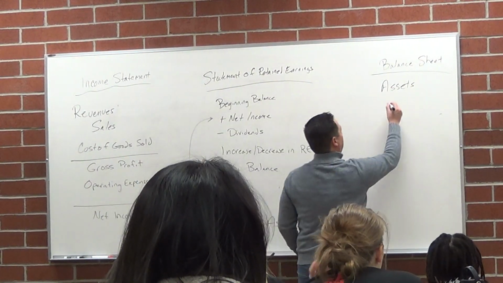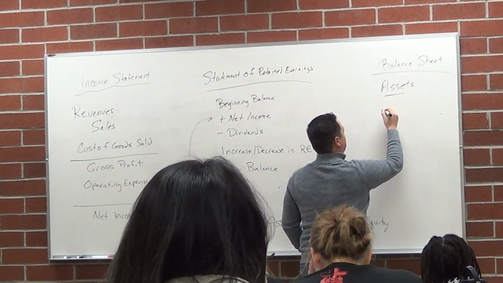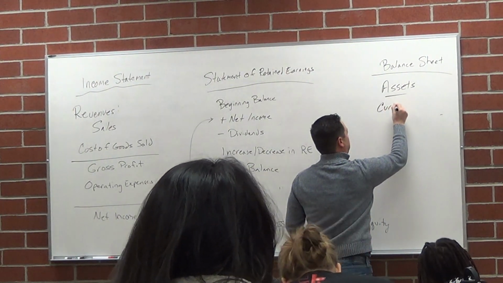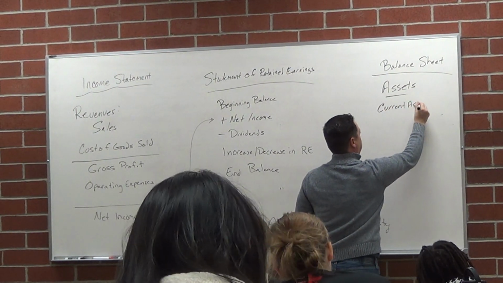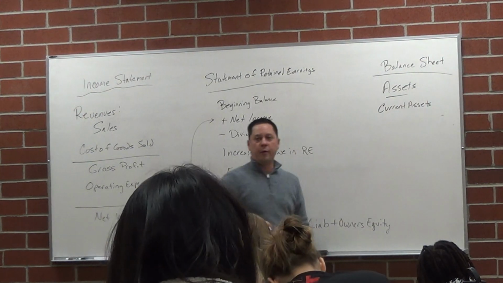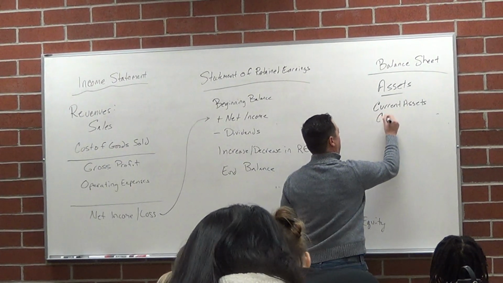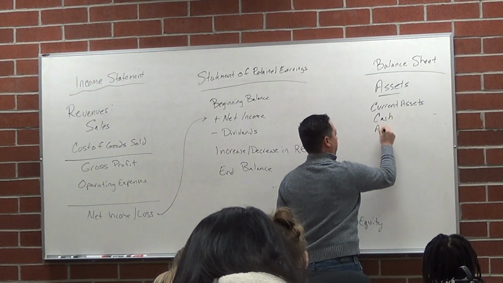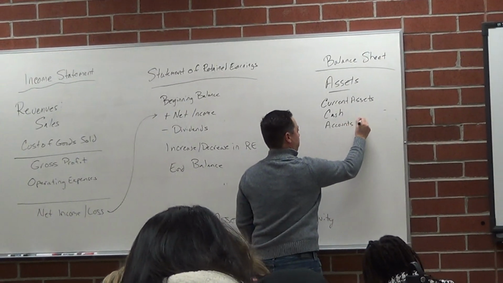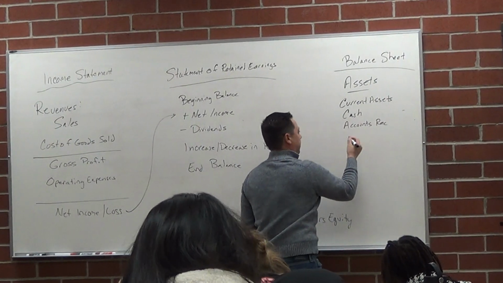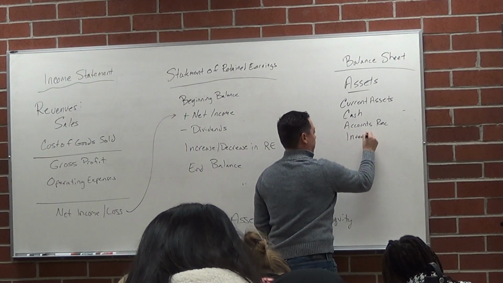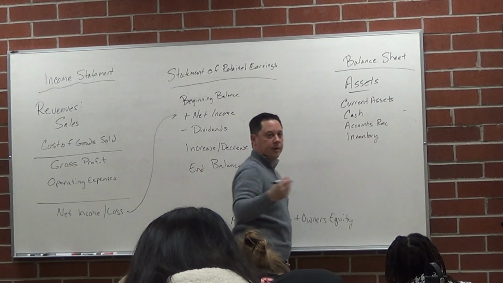All right, in the assets here, we have current assets. Just remember what those are. Those are the things that we turn over within a year. So, examples of that: cash, accounts receivable. Could be inventory, marketable securities, those type of things.